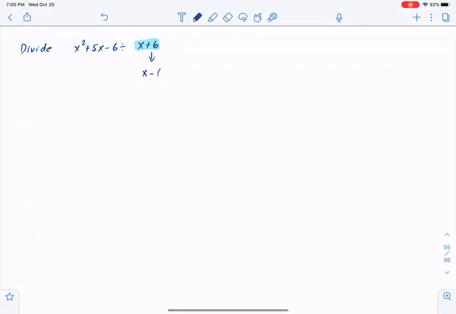So x minus of minus 6. So the number here will be negative 6, which we will be using in our synthetic division. So I put the coefficients, so 1, 5, and negative 6. So the number is negative 6.